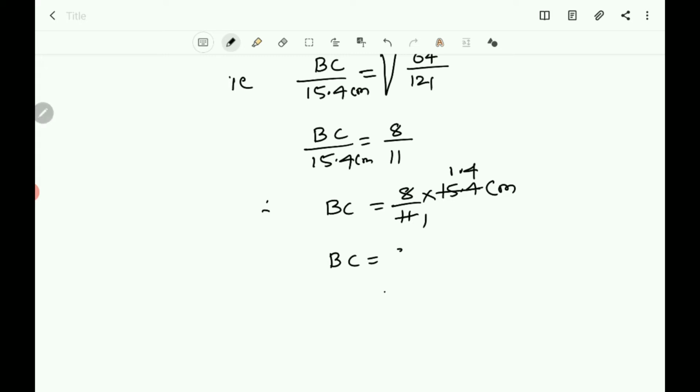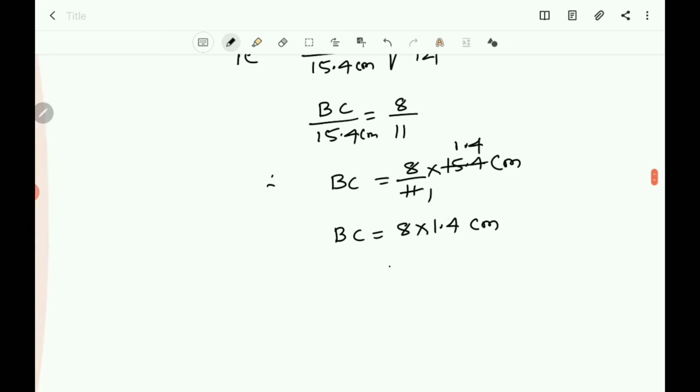Here it becomes 8 into 1.4 cm, that is BC is equal to 11.2 cm. 8 fours are 32, 8 ones are 8, so it becomes 11.2.